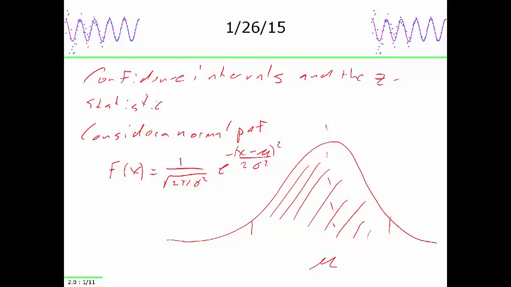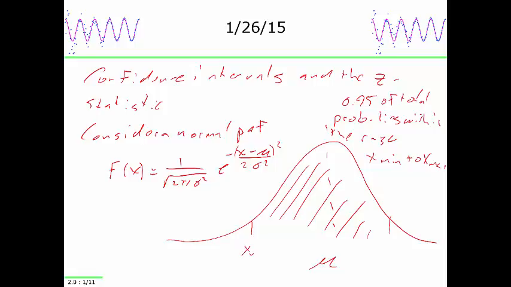And so if we want to have 0.95 of the total, so 95% of the total probability, lying within this range, x min to x max, where this is x min and this is x max.